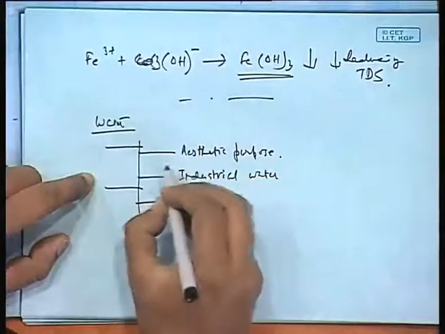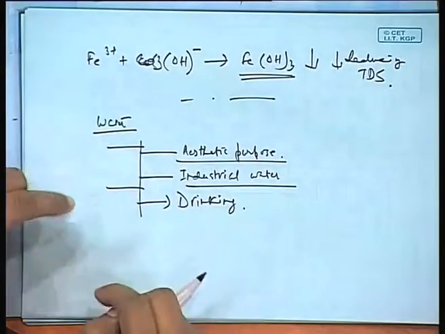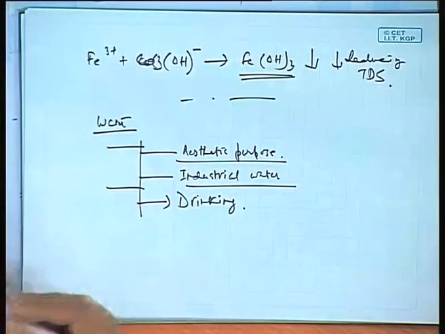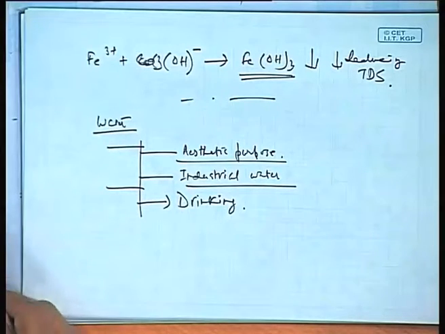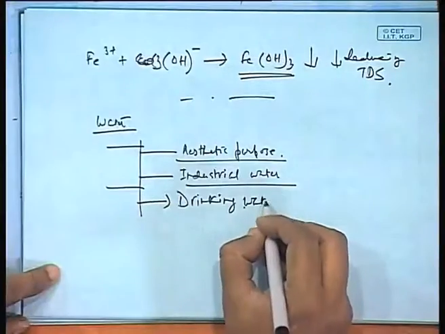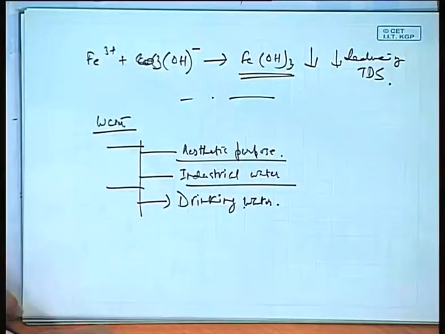That we will see later. In most cases, these are used for aesthetic purposes and industrial water. They are still not good for drinking water. In drinking water, we require certain other requirements also. We will discuss drinking water later on.